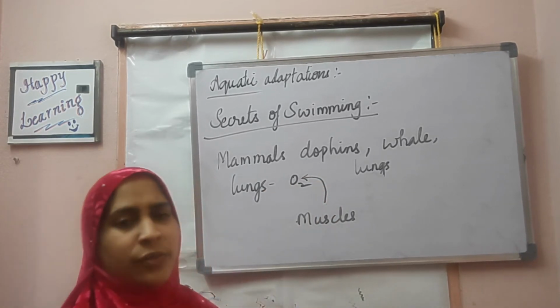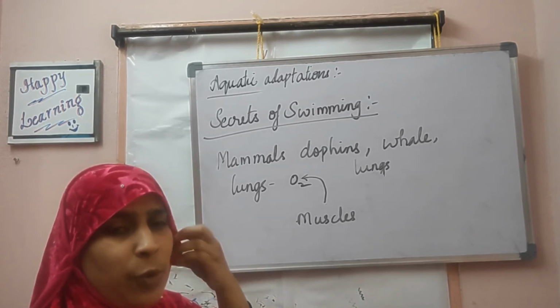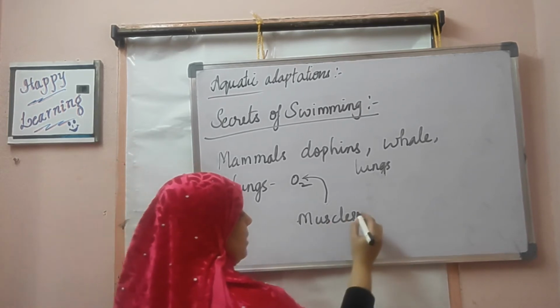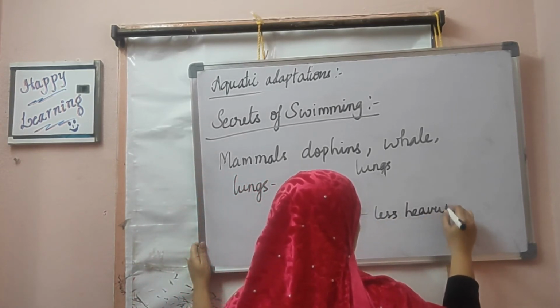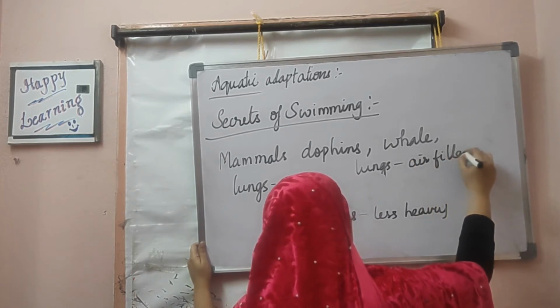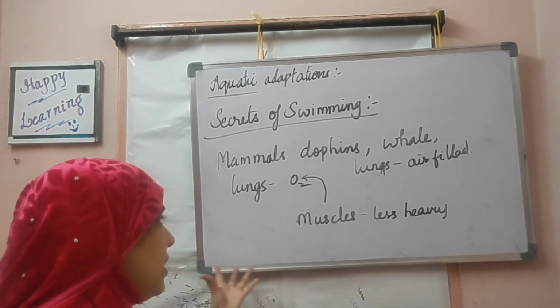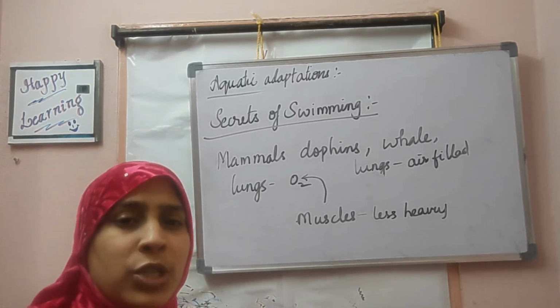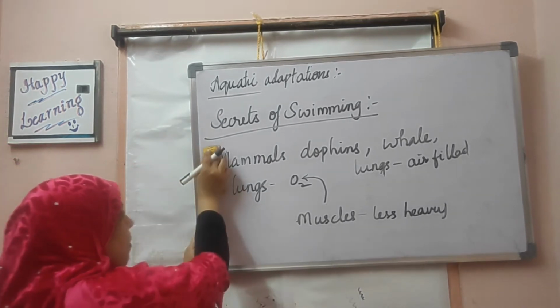Now lungs are filled with air, that is, they are inflated. Because of that, their body becomes lightweight. Muscles become less heavy and lungs become air filled or inflated, because of which it becomes easier for these mammals to come to the surface area. So this is how swimming happens in mammals.